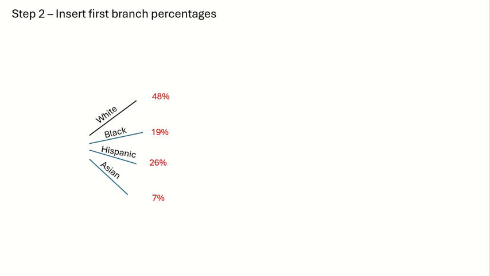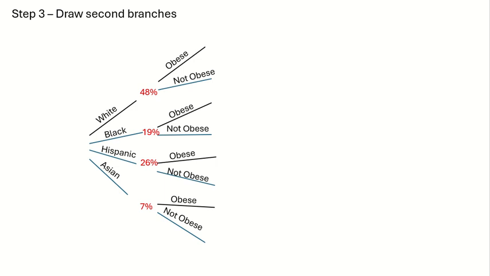And the next thing that it says is they took this population and divided it into two groups, either people who were obese or who were not obese. So you can see that for each one of our four branches of demographics, we can go ahead and break these down into obese or not obese.